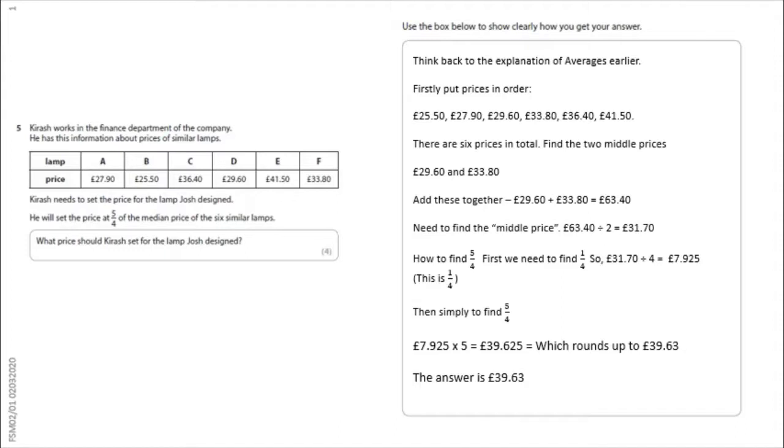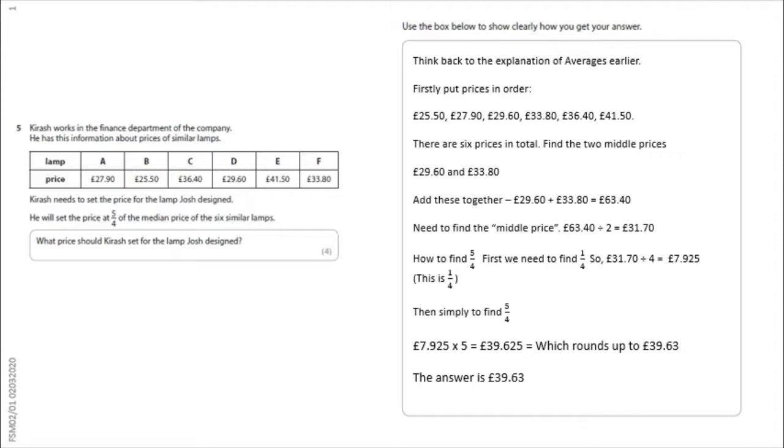So we cross off the £25.50, we cross off the £41.50, we cross off the £27.90, we cross off the £36.40, and the 2 prices in the middle are £29.60 and £33.80. Add these together, £63.40. To find the middle of these two, £63.40 divided by 2 gives us £31.70. Okay, just park that for a moment.